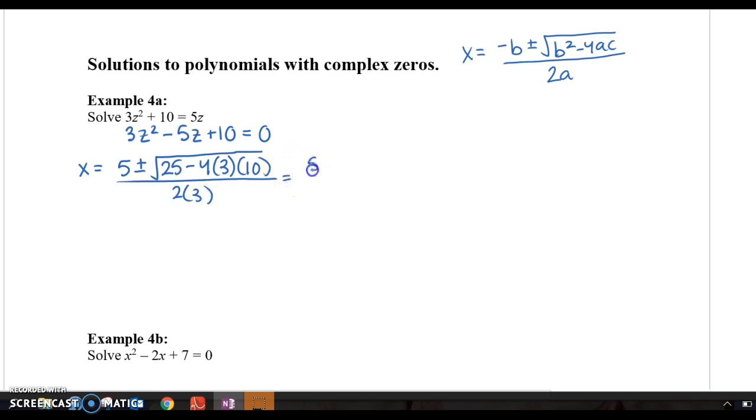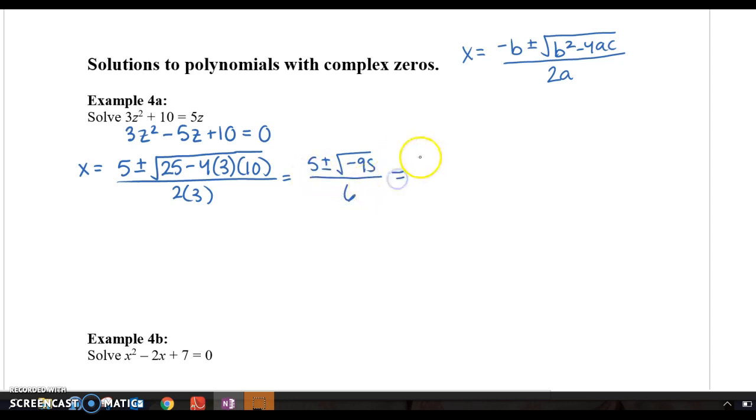Which is 5 plus or minus the square root of 25 minus 4 times 3 times 10, which is 120. 25 minus 120 is -95, and that's all over 6.